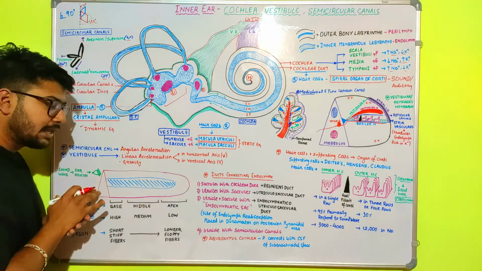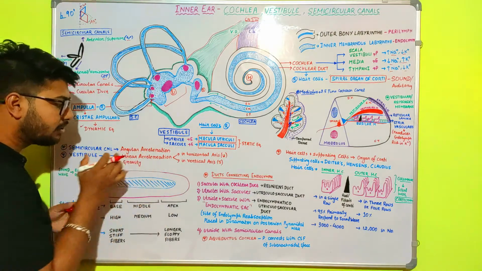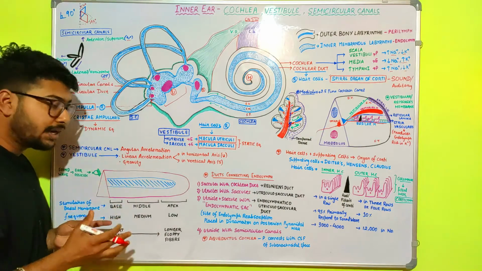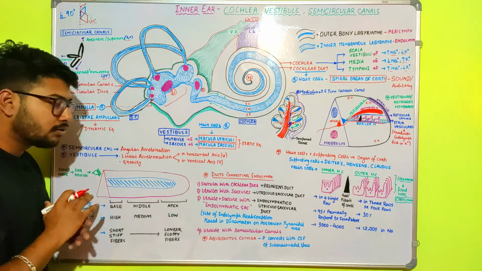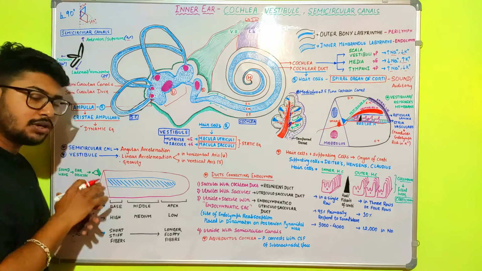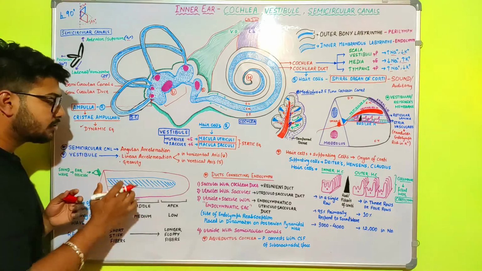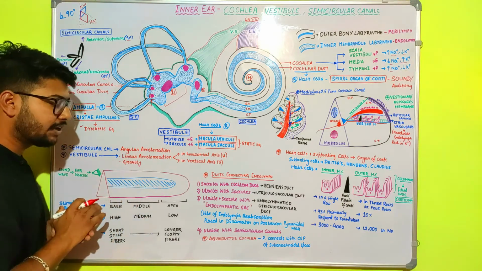The semicircular canal maintains balance during angular acceleration, whereas the vestibule maintains balance during linear acceleration and gravity.